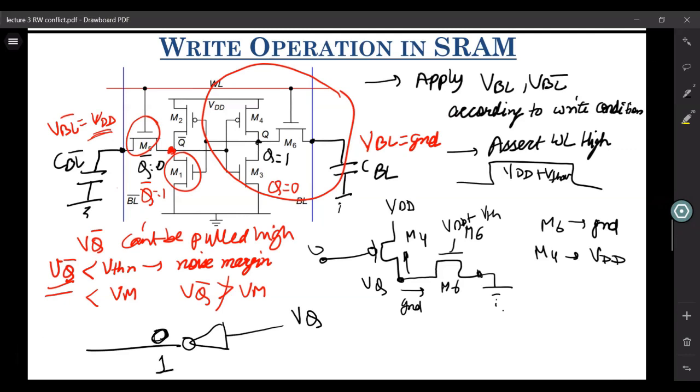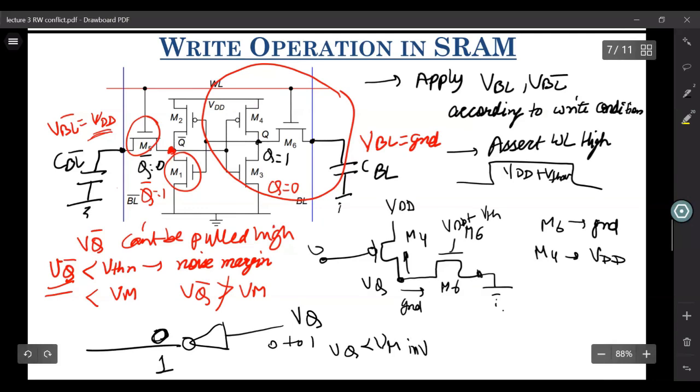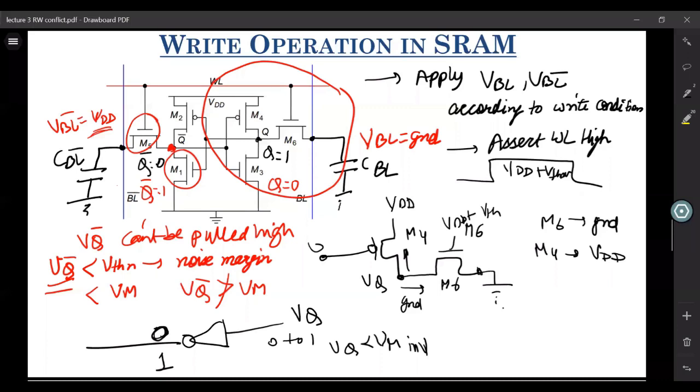So if we want to flip an inverter from 0 to 1, what should be the criterion? Our VQ should be less than VM of inverter 1. Right? That is the criterion. Does this make sense? The moment your VQ reaches below this VM of inverter 1, it starts to initiate the switching from 0 to 1.